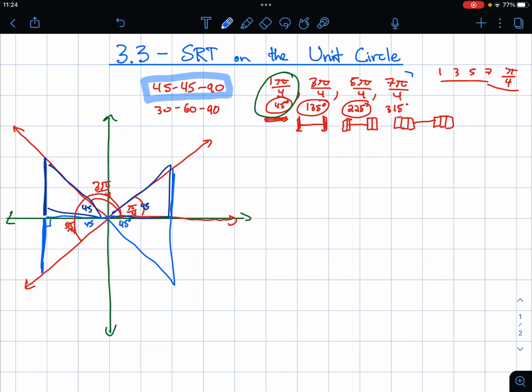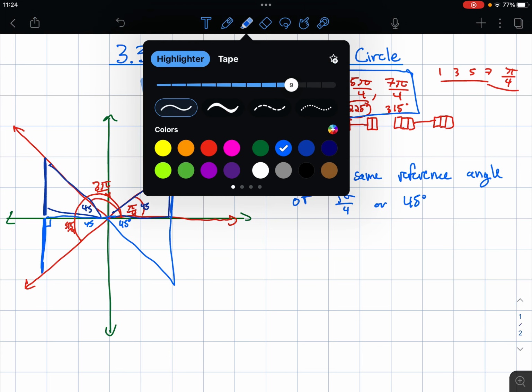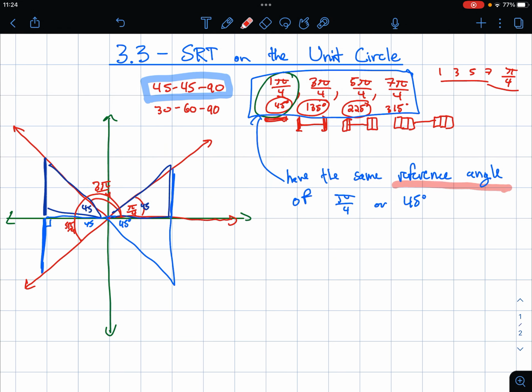We say that these 4 angles all have the same reference angle of pi over 4 or 45 degrees. And that key term is reference angle, okay?